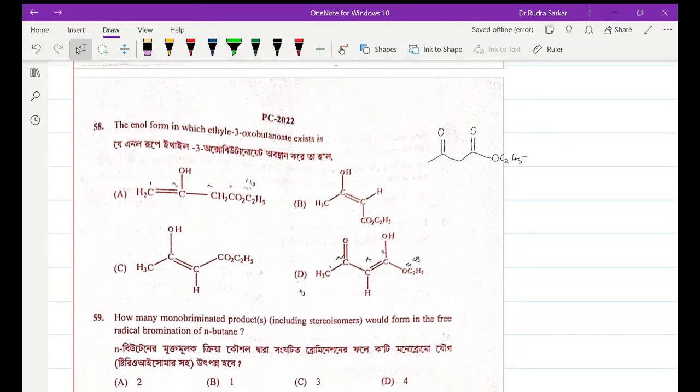Okay, the question is the enol form in which the ethyl 3-oxobutanoate exists. 3-oxobutanoate is this particular structure over here, as you can see. This is your 1, 2, and this is 3. And this is the ethyl. And this is the oxo part, because this is a ketone. Now this one, if you want to think of its tautomer, then so this is the enol.